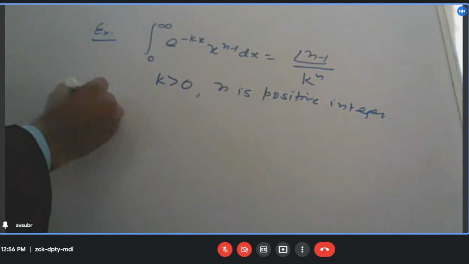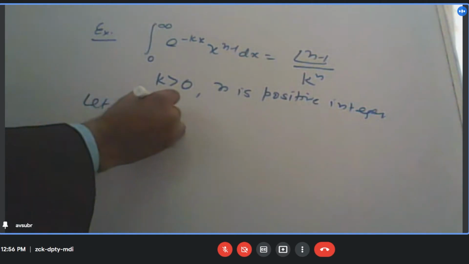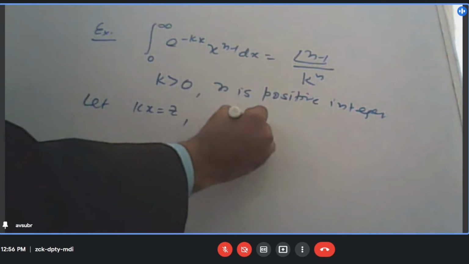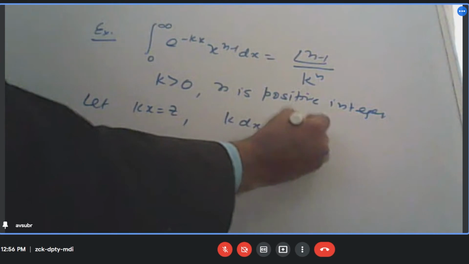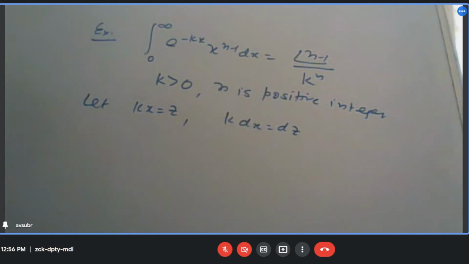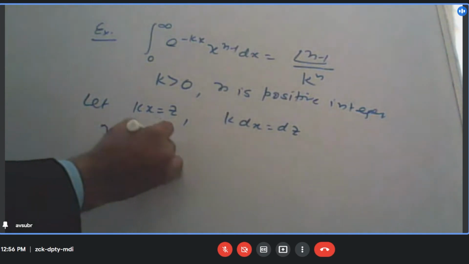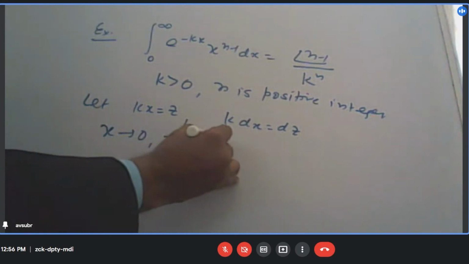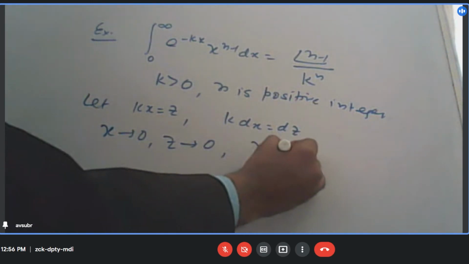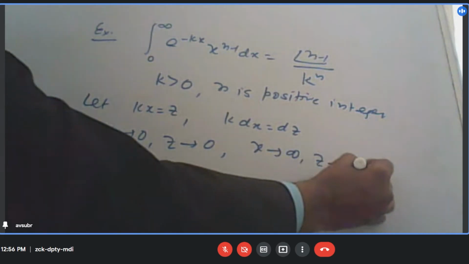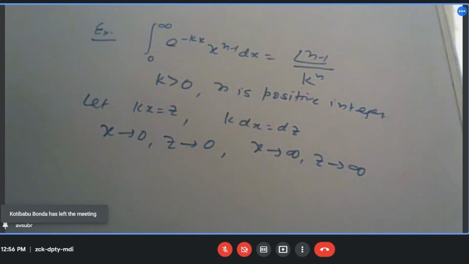Okay, so let me put kx equal to z. So k dx is equal to dz. And when x is going to 0, z is going to 0. When x is going to infinity, z is also going to infinity.